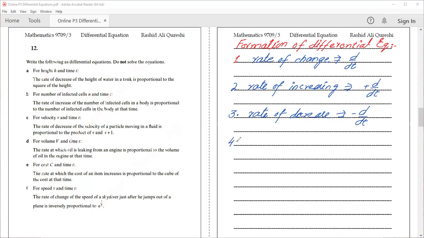The fourth one is very, very important. Suppose the rate of increase of population.